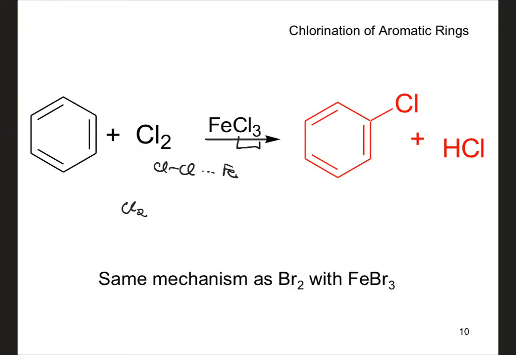So keep that idea in mind, that when the reaction takes place, it is the Cl-Cl bond which is going to interact with your FeCl3 or FeBr3, whichever you're picking up. The end product is that you would be able to put in the chlorine directly on the benzene ring. That means you would have substituted one of the hydrogens with the Cl atom.